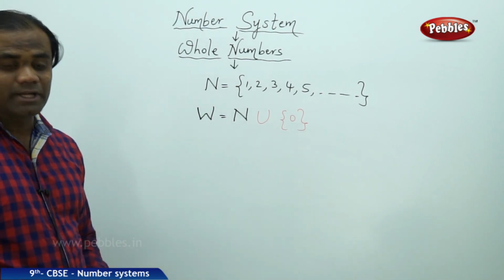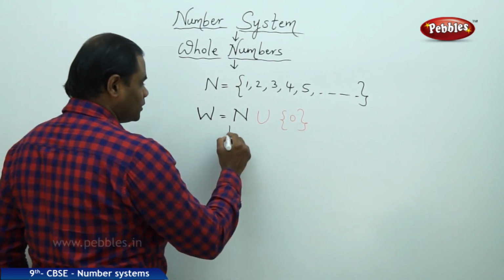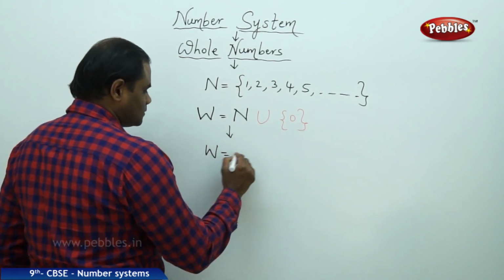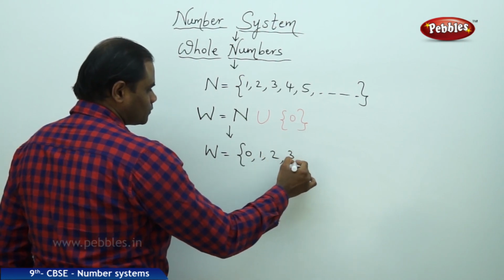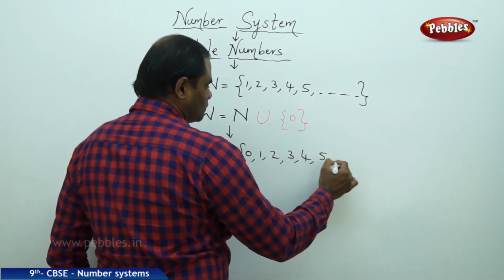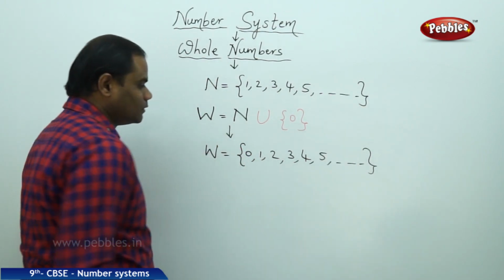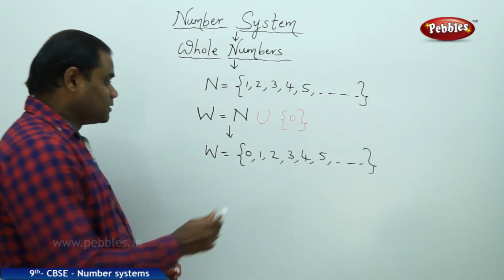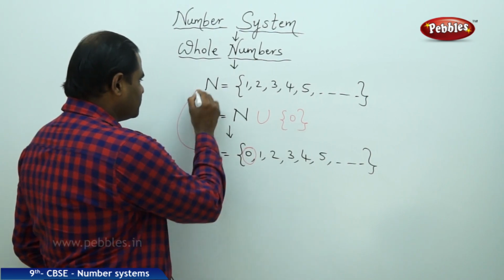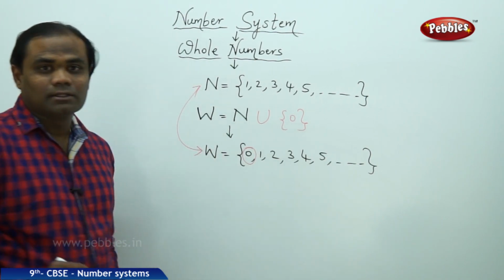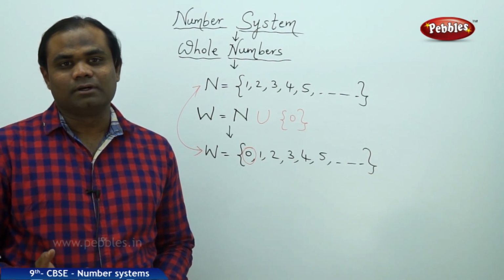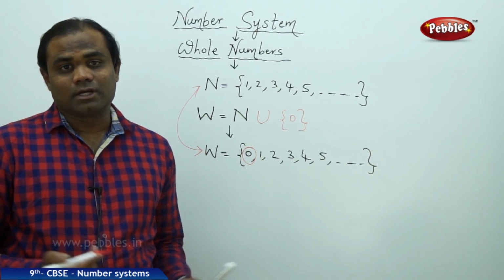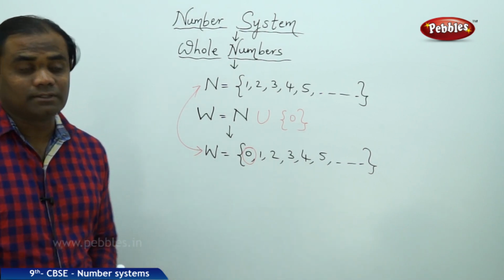So the set of whole numbers is 0, 1, 2, 3, 4, 5, with the only additional element being 0 between the natural numbers and the whole numbers. 0 along with natural numbers is a whole number, is how we identify it in words.